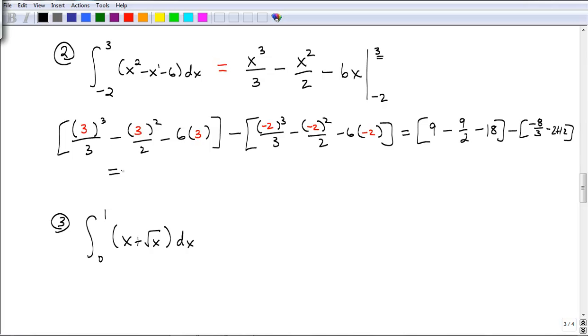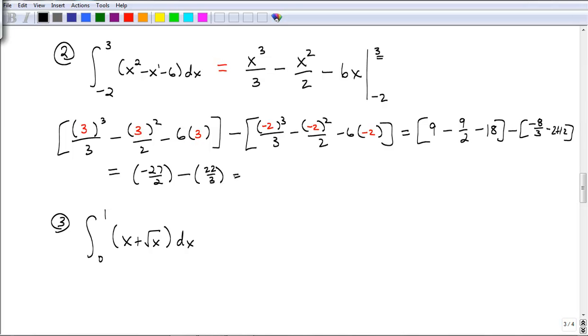I get 9 minus 9 over 2 minus 18. The first part is negative 27 over 2 minus. Now the second part is negative 8 thirds minus 2 plus 12. And when I type that in, I get 22 thirds.